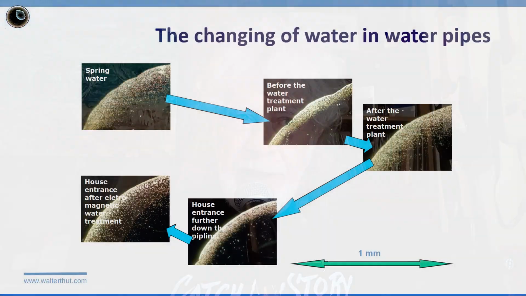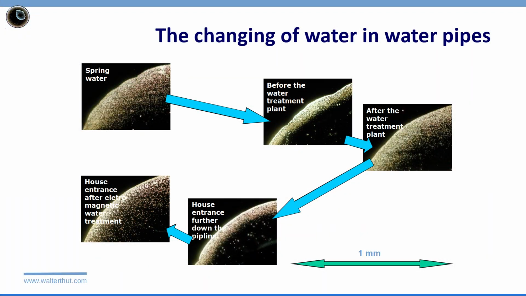If you look then at the borders of these images, so more close-up images of these water drops, you see there the source water. The minerals are finely distributed and carried inwards. Before water treatment, this water has been less effective in diluting and carrying minerals.